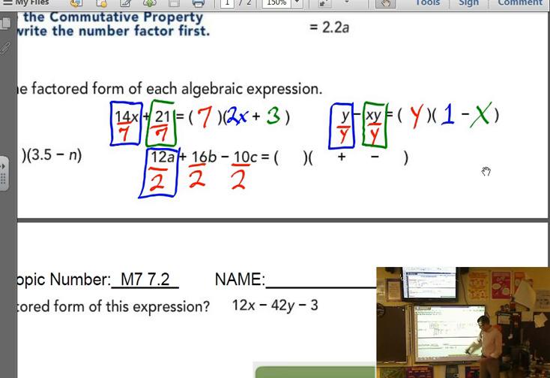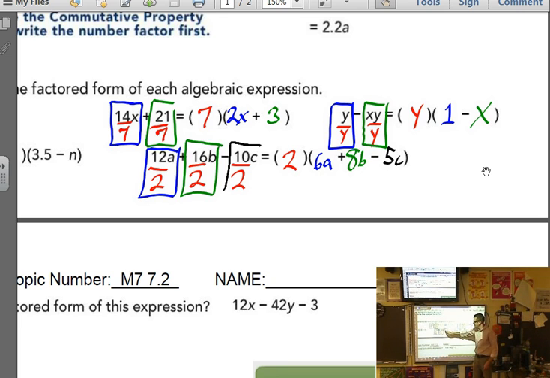So make sure that you put your 2 out in front. Then your 6a is your first term, plus 16b divided by 2, Jeremiah. 8b, and bring it home for us, 5c. Remember to preserve the signs between the values. Any question?